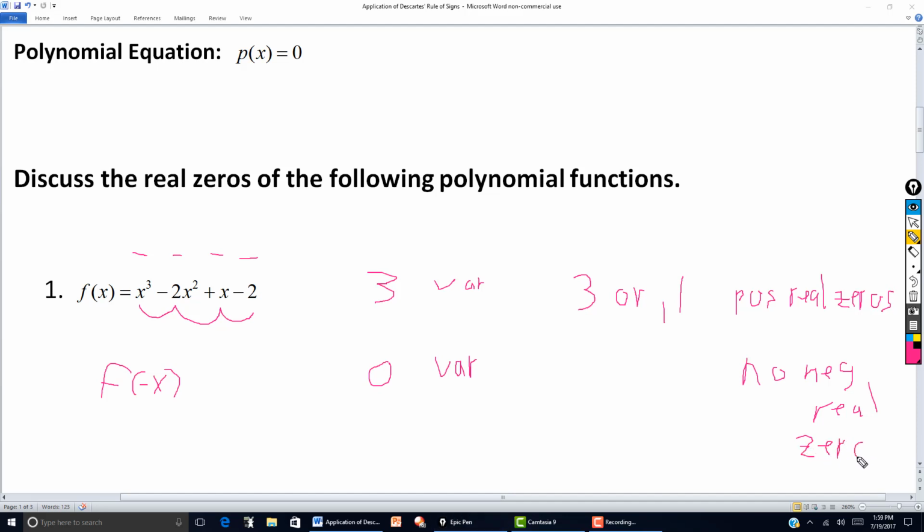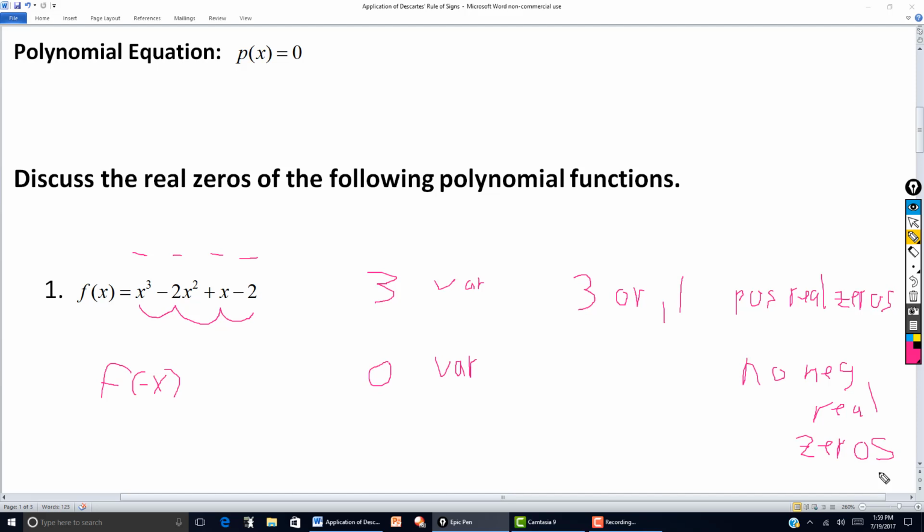Okay, so if you were to solve this by techniques covered in some of my videos or in your classes, you would find that the zeros would be either 3 or 1 positive, no negative, real zeros. Remember, the degree is 3, so you expect to have 3 zeros total.